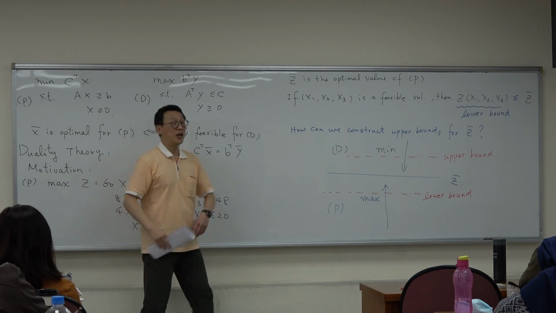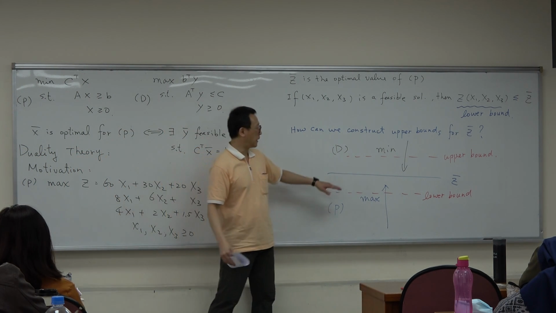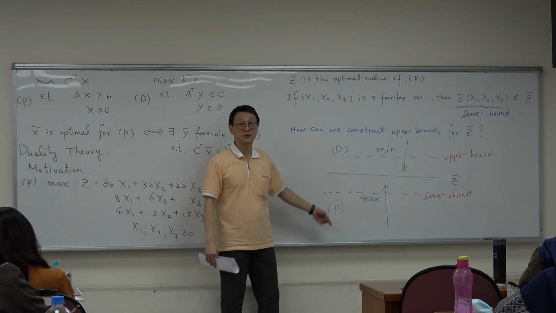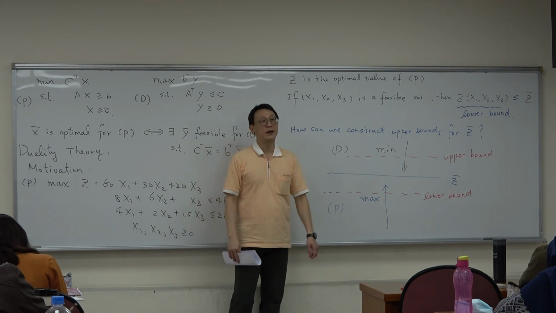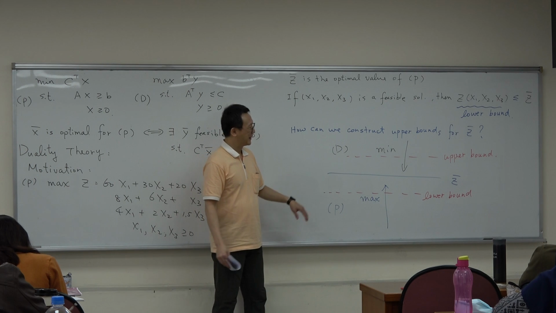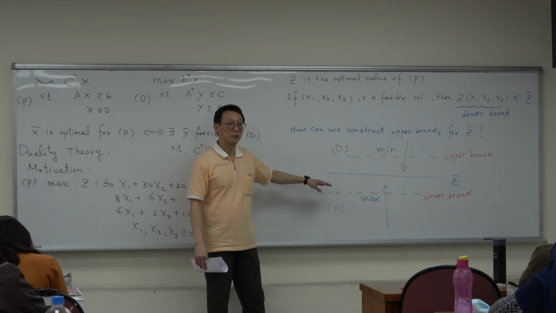Okay? If for every problem I can solve for optimum solution, then we don't need to do that. But in the real world problem, sometimes too complex, I cannot find optimum solution.